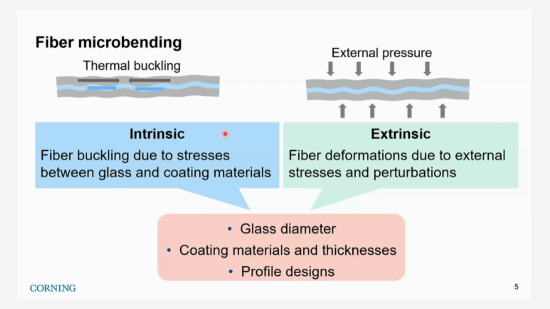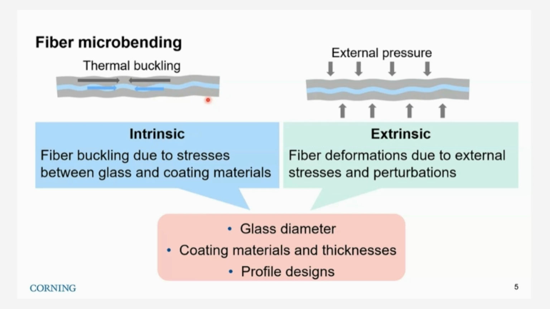Let's look at microbending first. So we divide microbending into two categories. One we call the intrinsic microbending. This is basically due to the thermal buckling. When you make fiber, you have the glass and the coating.